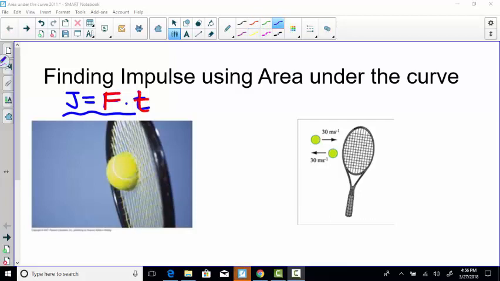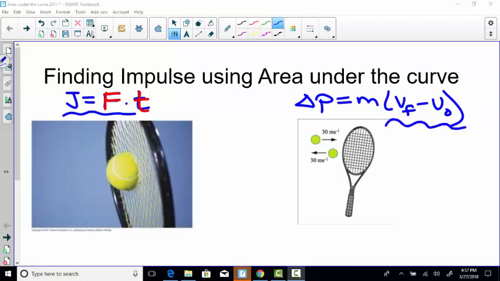And what that causes is that object to change its momentum. By changing its momentum, what we are really changing is the object's velocity. And so impulse is equal to the change in momentum.